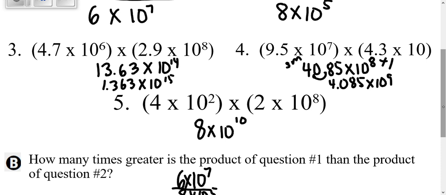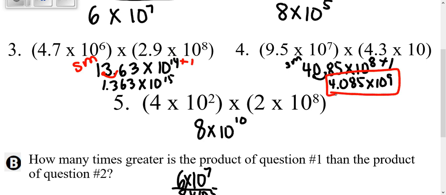And then you would have to move this exponent to the left, because you have to make a number between 1 and 10. And that's making the number smaller. And that means you have to make this larger. So it'll become 1.363 times 10 to the 15th. But just use your calculator. All right, so this is your final answer.